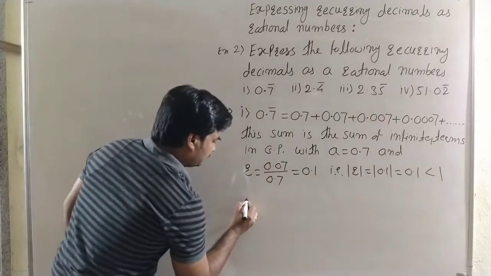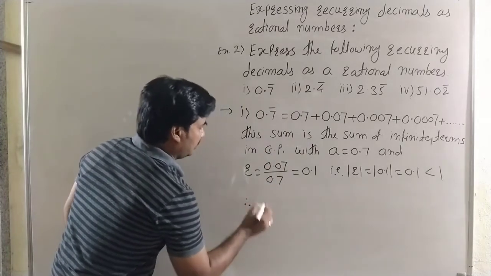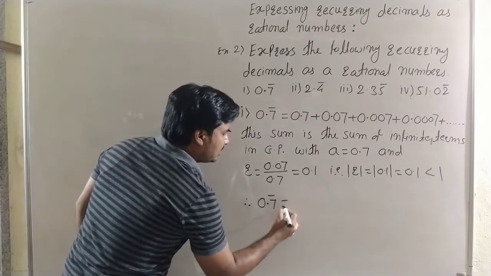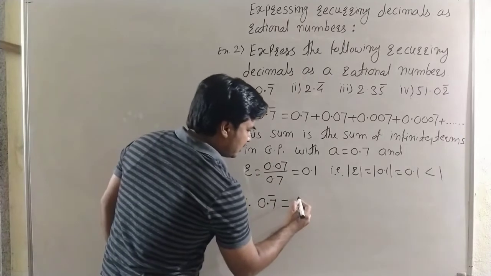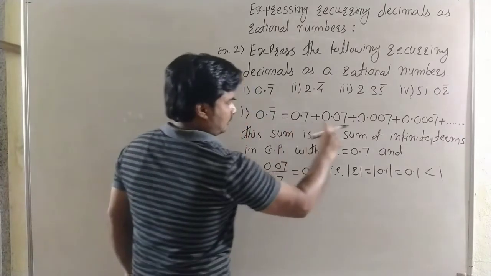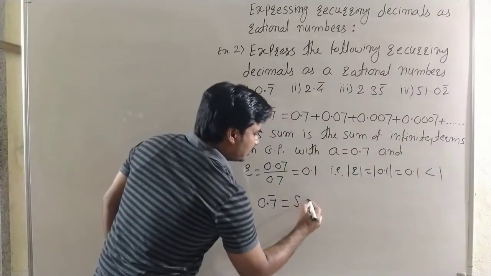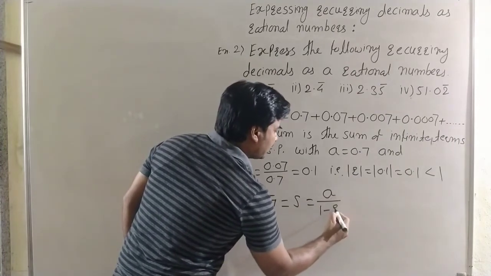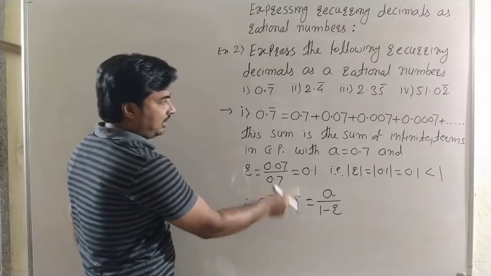and therefore, see carefully, 0.7 bar is equal to the sum. Okay, and this sum can be written as a upon 1 minus r, sum of the infinite terms.